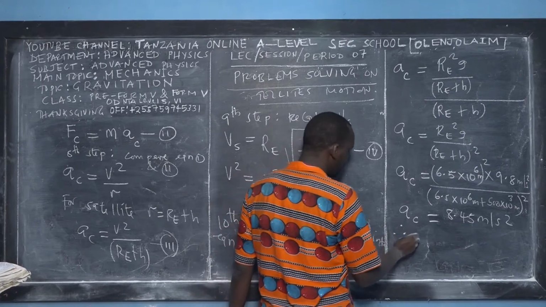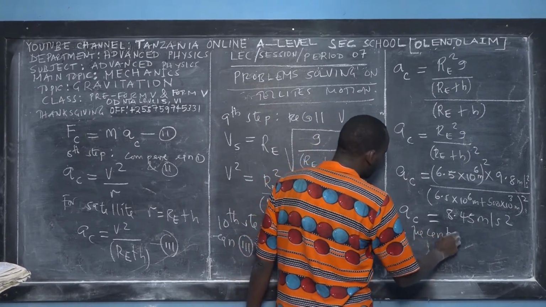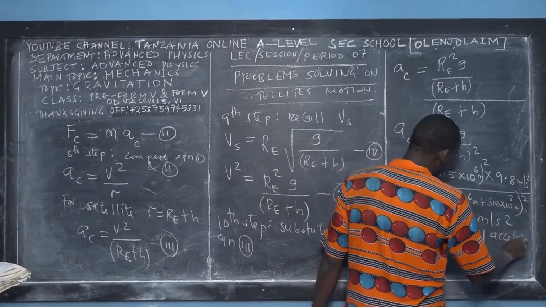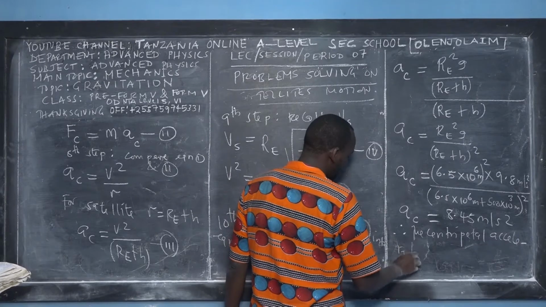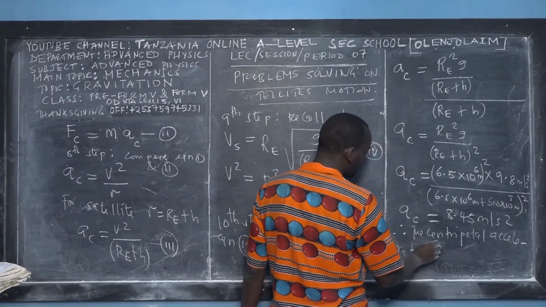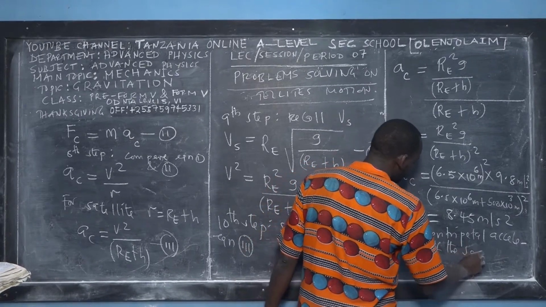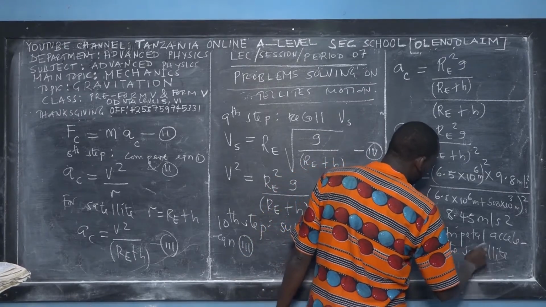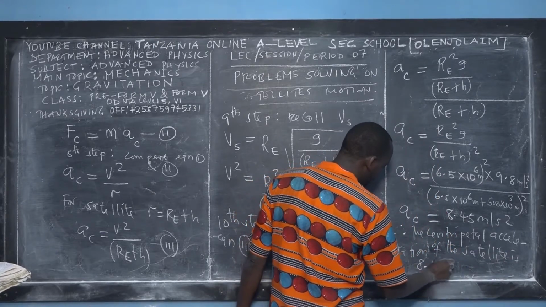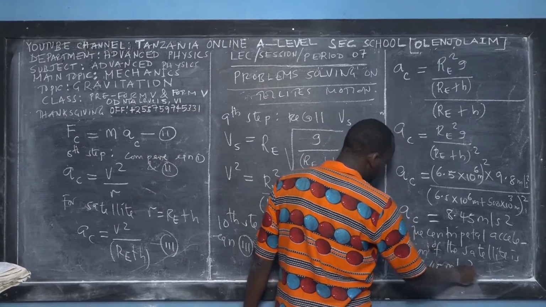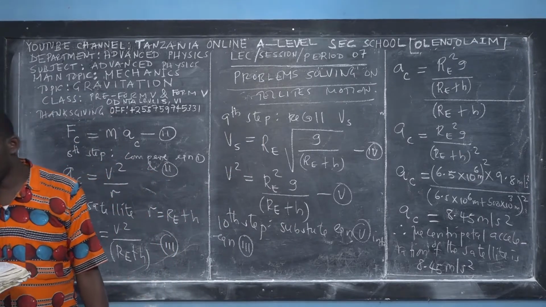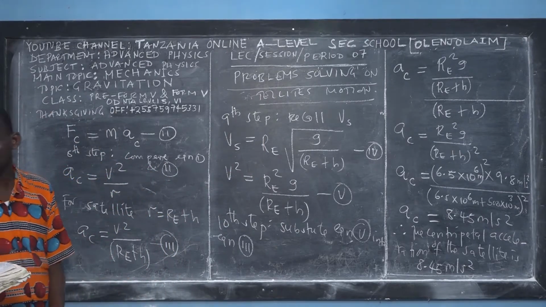Therefore, we say that the centripetal acceleration, so you see, you understand now why I wrote the concept: the centripetal acceleration of the satellite, or provided by the satellite, is 8.45 meter per second square. So that's the response to that question, because it is the centripetal acceleration of the satellite.